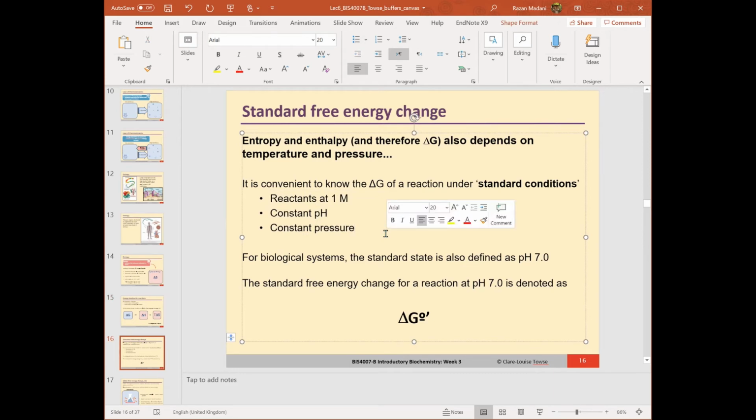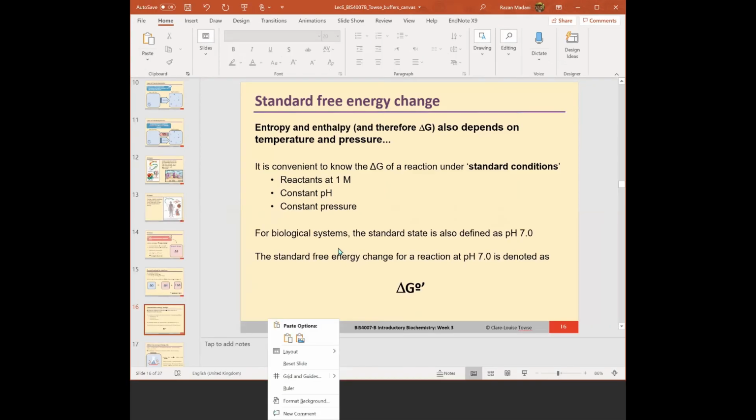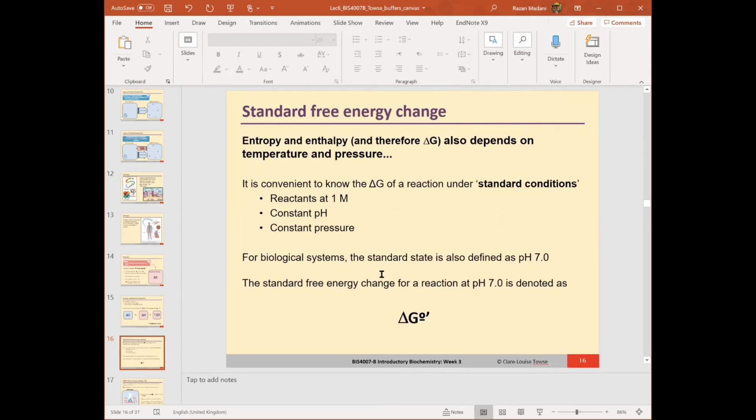For example, for the human body the standard temperature is 37, while room temperature should be around 25, so it is important to see in the question what they're talking about. Also, standard pH is defined as 7. Let's call that delta G0 because it's standard.